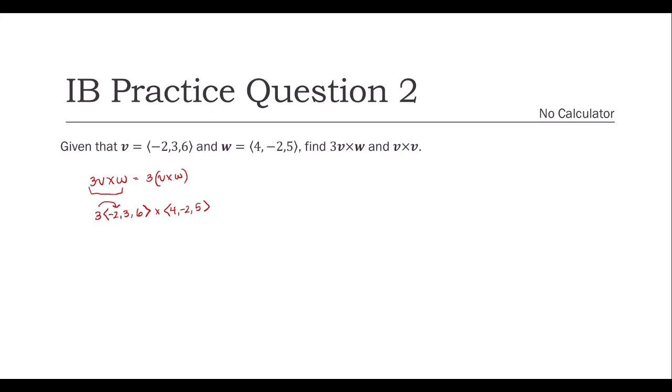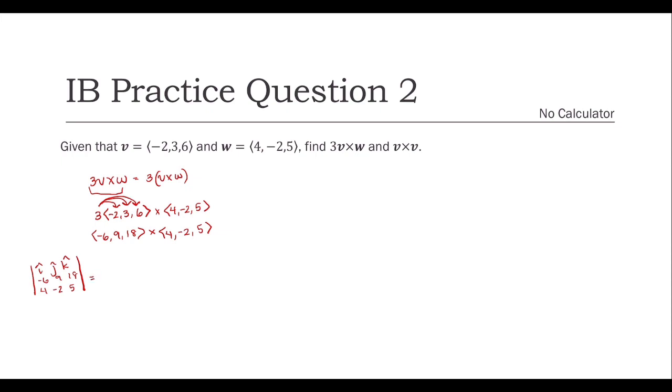So we have 3 times (-2, 3, 6), cross w, which is (4, -2, 5). So 3 times these would give us (-6, 9, 18) cross (4, -2, 5). So we'll have i, j, and k, and then our values in here are -6, 9, 18, and 4, -2, 5.